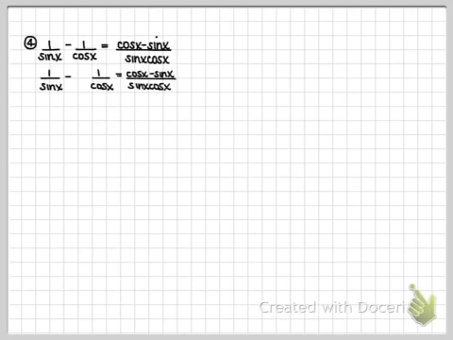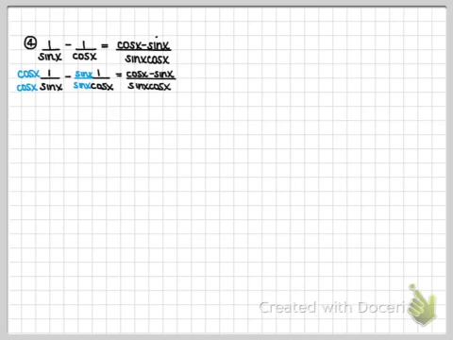So, using a little bit of color here, I'm going to give each fraction what it needs to get the common denominator. The first fraction is going to need a cosine x top and bottom to get that cosine x sine x, so I'm going to multiply it top and bottom by whatever it needs. On the cosine x over here, it's going to need a sine x, so I'll multiply that top and bottom by sine x, just to get the common denominator that I need.